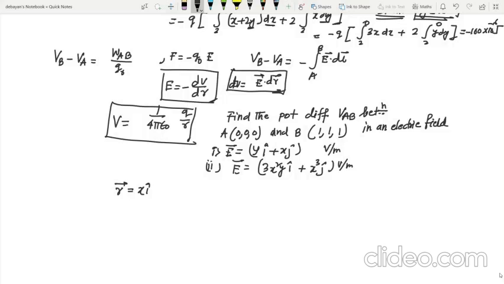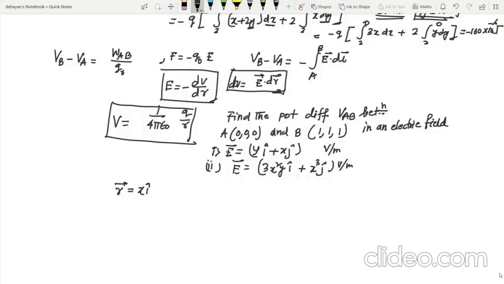So to find dV, it is nothing but minus E dot dr. We have to write the minus sign. The value of E is given as y i cap plus x j cap, so you can write y i cap plus x j cap dot dr, which is dx i cap plus dy j cap plus dz k cap.